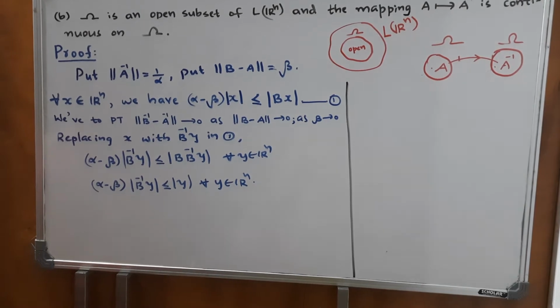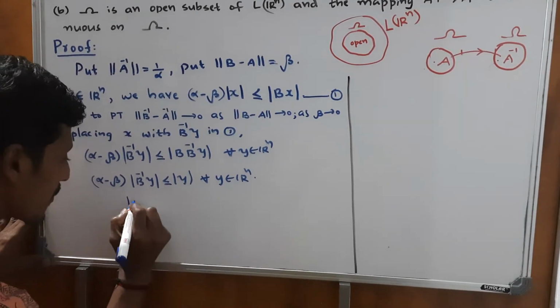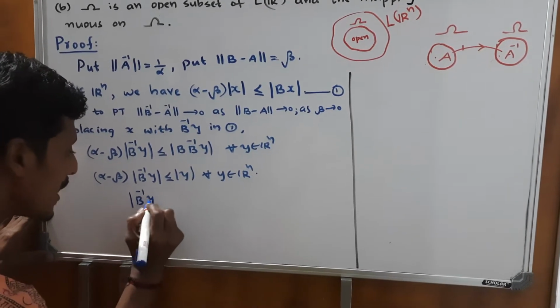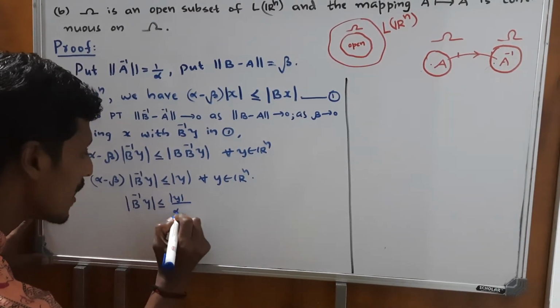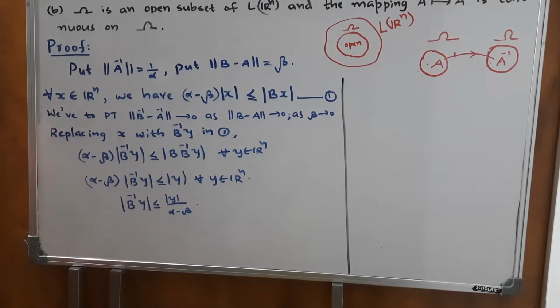So modulus of B inverse y is less than or equal to mod y divided by alpha minus beta.